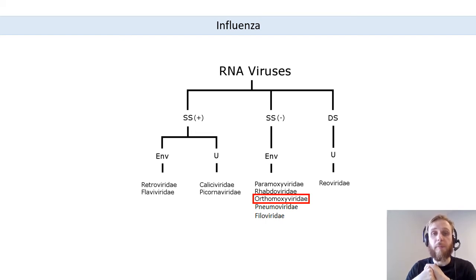As we can see from this phylogenetic tree, the RNA viruses are demonstrated here, and influenza virus is part of the Orthomyxoviridae family. This family is a single-stranded negative sense RNA virus family, meaning it has a negative sense single-stranded RNA genome.